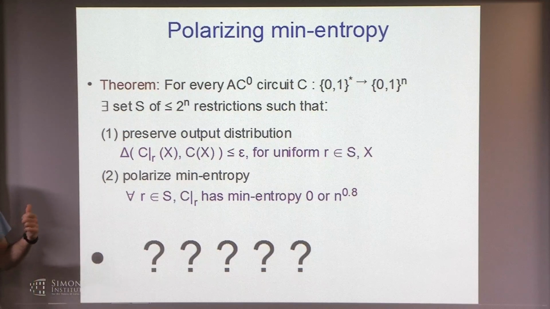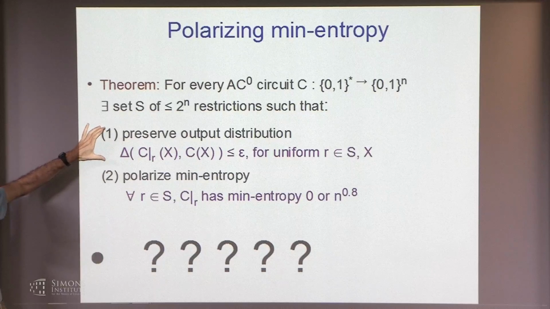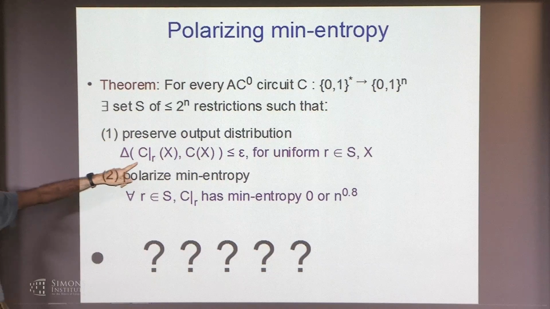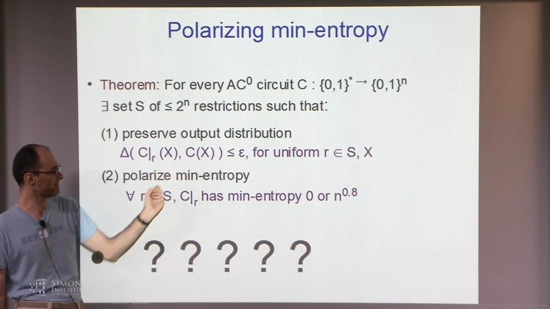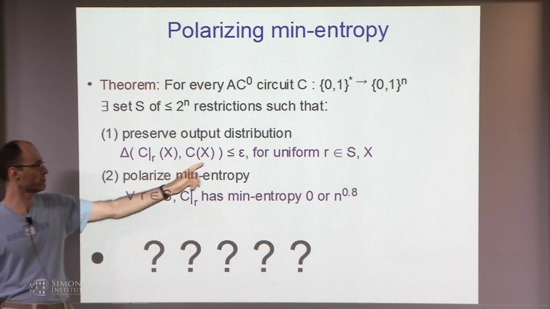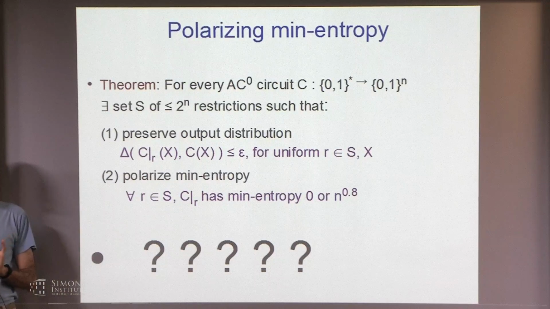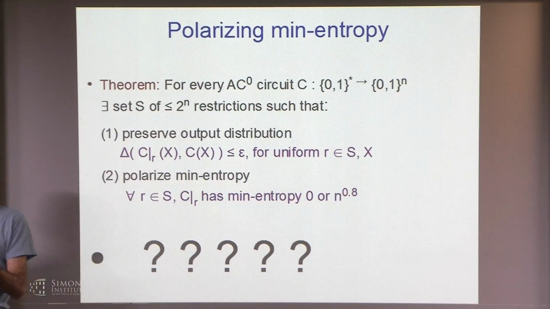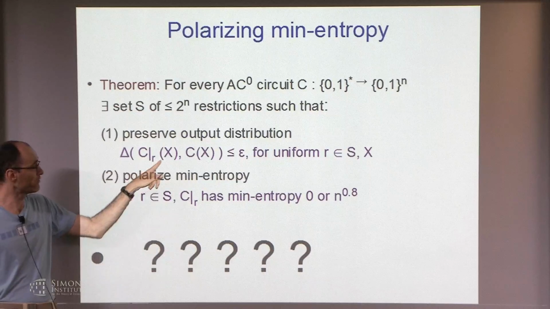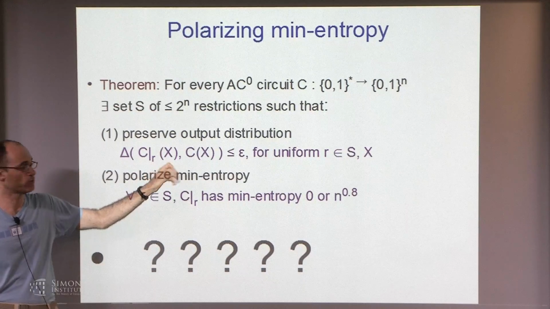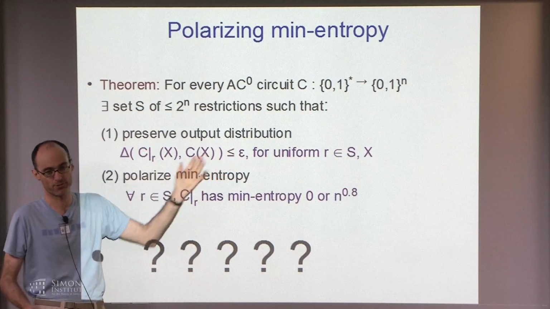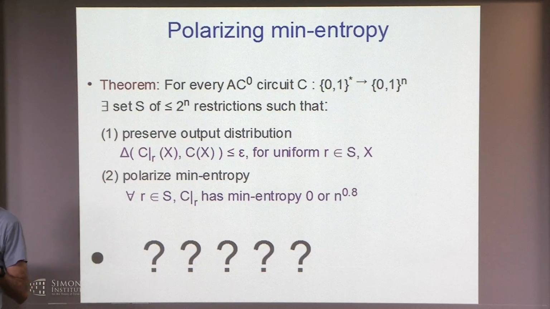The first one is that they preserve the output distribution, by which I mean that the output distribution of C over uniform X is very close to the distribution obtained as follows. You first pick a random restriction R from this set S, and then you fill the stars at random. If you do this, you would just get distance epsilon, where epsilon is like 0.1.